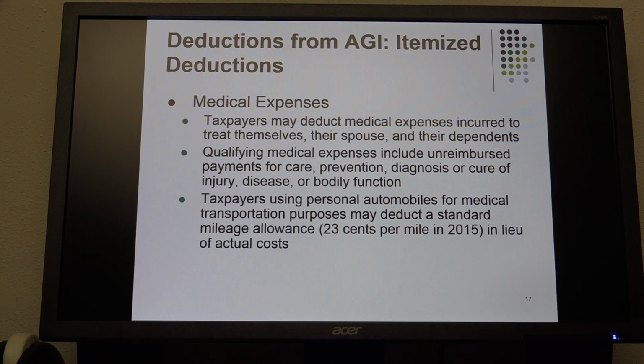Is the cost of building the pool deductible? And the answer is yes, it is, because it is, I guess, for the care or cure, or at least easing the situation of a disease.